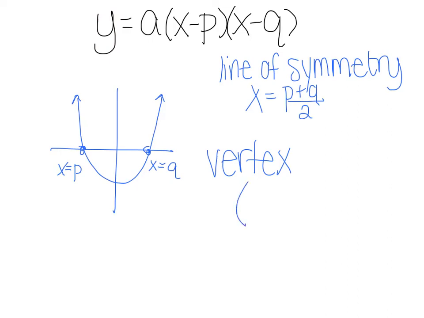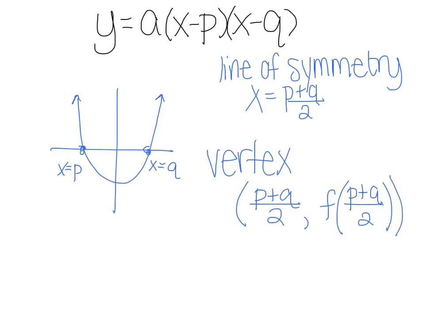So my vertex is going to be an ordered pair: (p plus q) divided by 2, and then the y value, or f of (p plus q) divided by 2. This is going to be my vertex.